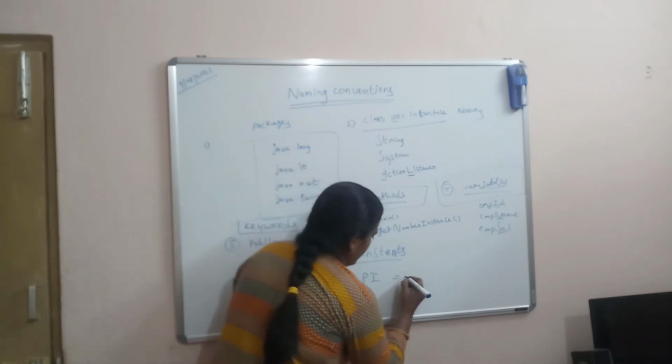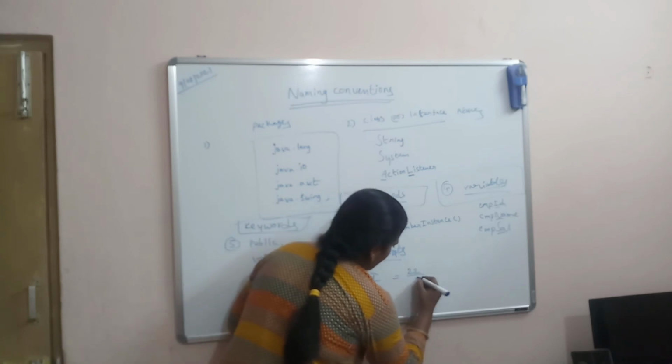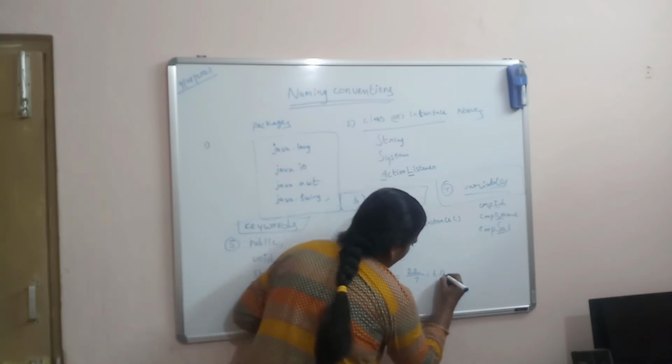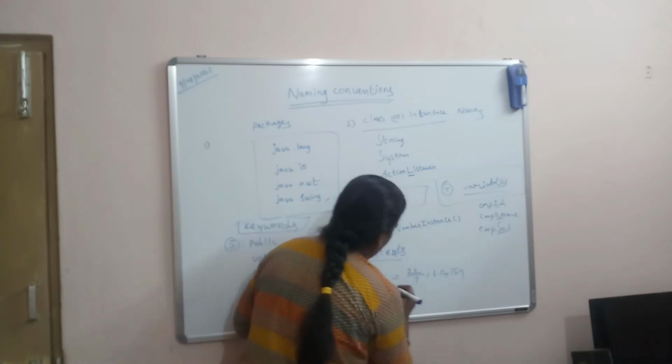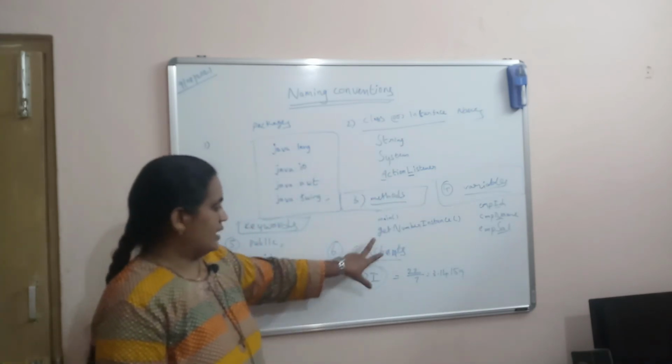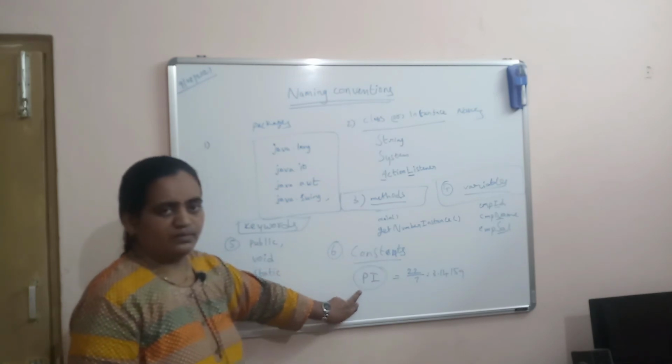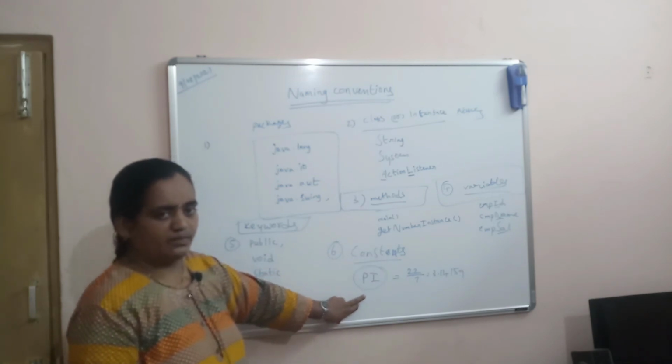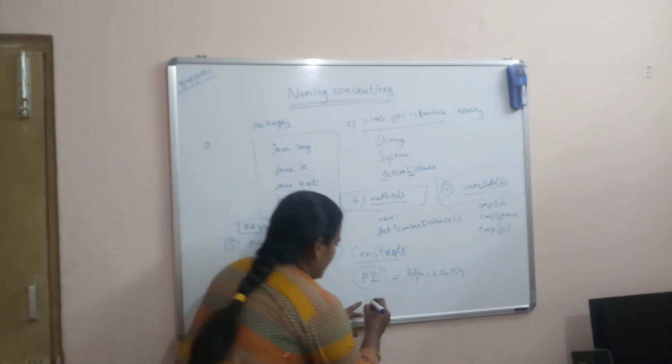PI means 22 by 7, the value 3.14159. I would like to use this value in our program. For a constant we need to write it like this, with all capital letters.